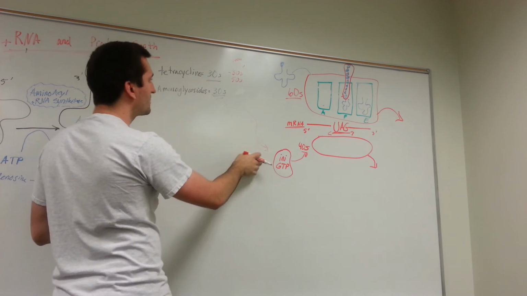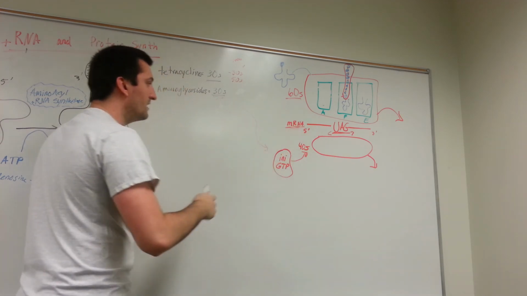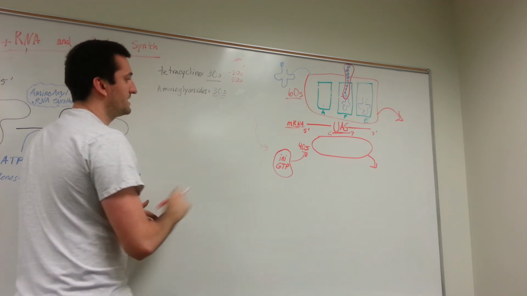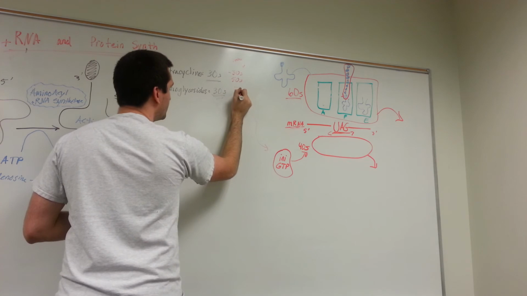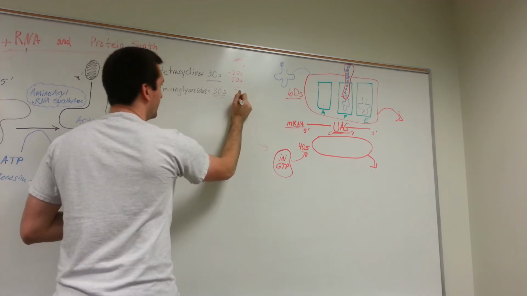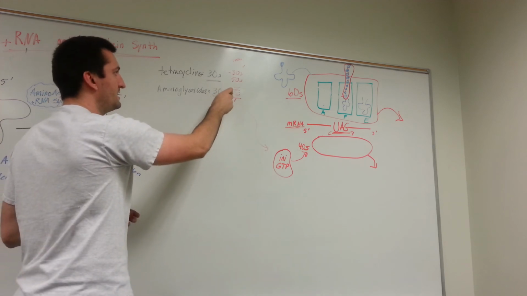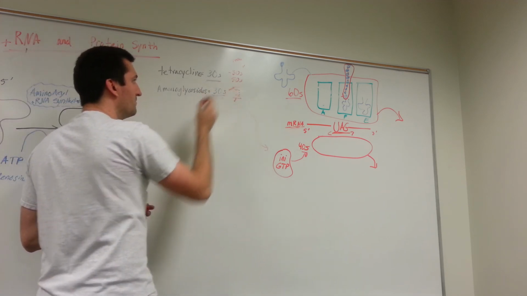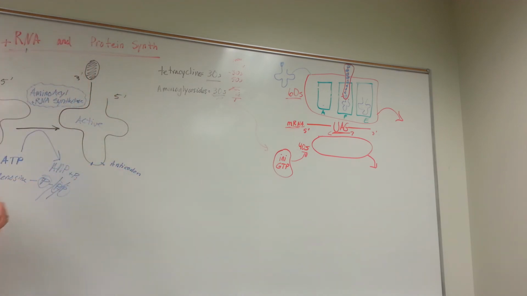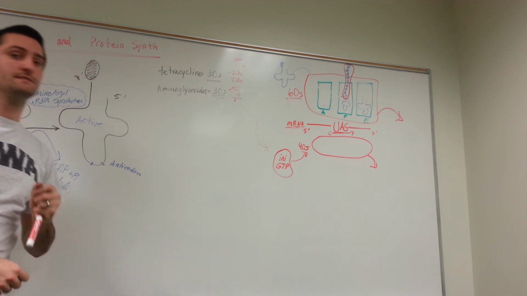So we're going to block the 30S subunit from interacting with this mRNA, blocking the initiation step. Remember, we have the initiation step, the elongation step, and the termination step. Aminoglycosides are going to block the initiation step, so we can't even begin to make our polypeptide chains.